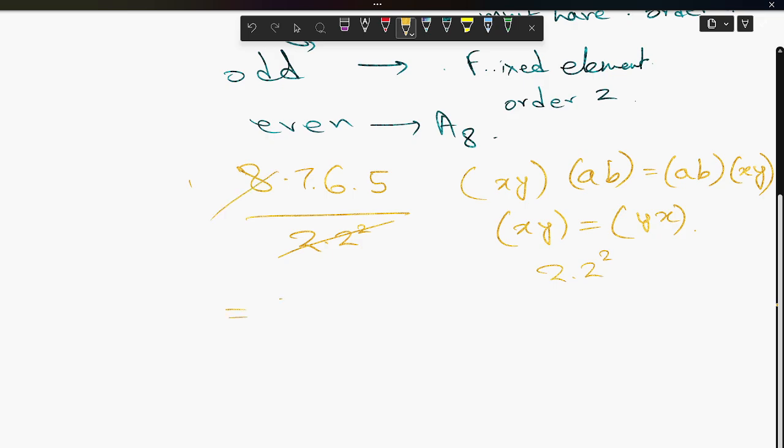So we will get only 7 into 30, which equals 210, as the number of this type of element in A8. Okay.